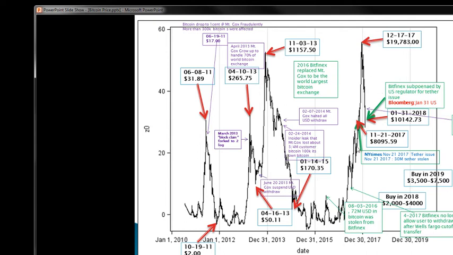But before that, there was this Tether issue. The New York Times reported the Tether issue on November 21st, 2017.